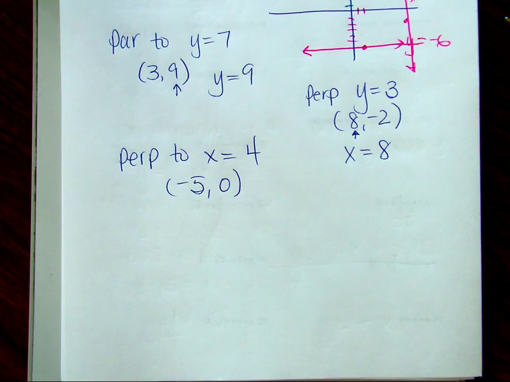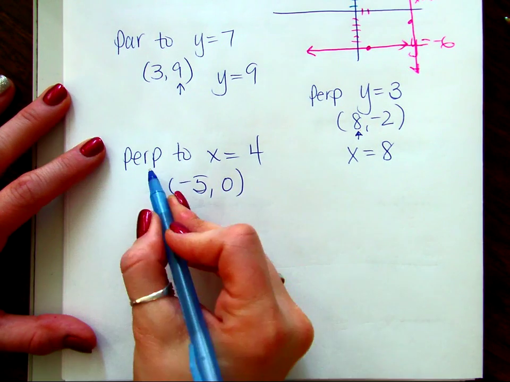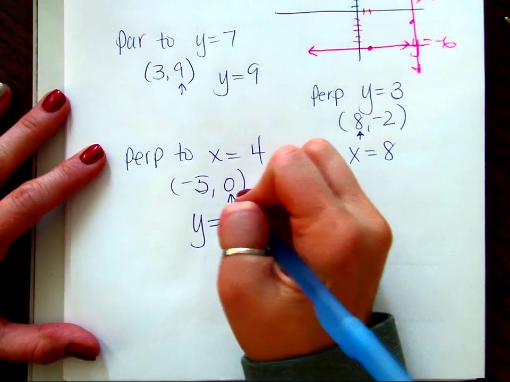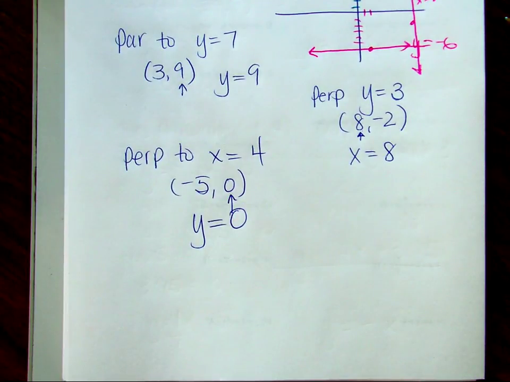The hardest part is people walk up to my desk and go, I don't know whether to make it y equals or x equals. And then I tell them, because you're trying to memorize it, not understand it. If you try to understand it, doesn't it make sense? Perpendicular, it is horizontal and vertical to each other. If this is an x equals and it's perpendicular, then it's got to be the y. Make y equal to 0. Got it? That's all there is to it. Okay.